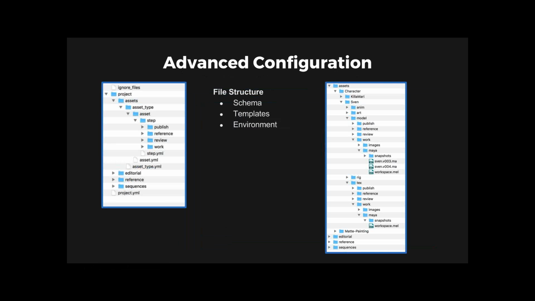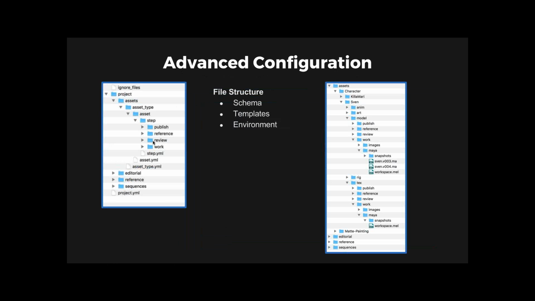But once you've done that, you can dive in and start to tailor it to your needs. So the first part is the schema. The schema tells us how to create the folder structure based on context. On this left-hand side, you can see my schema. I've taken a little snapshot from my configuration project, and in here we have a schema.